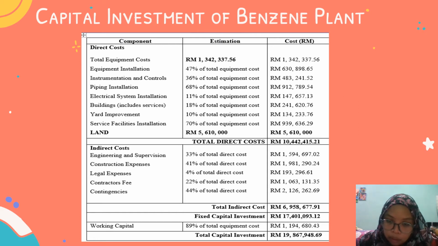And the total fixed capital investment is 17,401,093.12 cents. And the last one is the working capital, the estimation of working capital, which is 89% of total equipment cost, which is 1,342,337.56 cents.